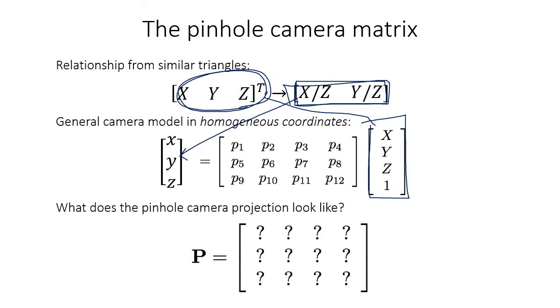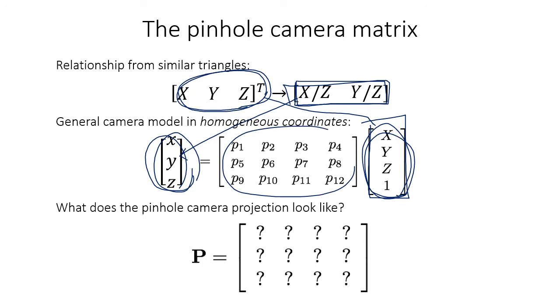So in the general camera model, the relationship between the 3D point and the projected 2D point has dimensions 4x1 and 3x1. So the camera matrix can be written as this 3x4 matrix. The number of elements is 12.